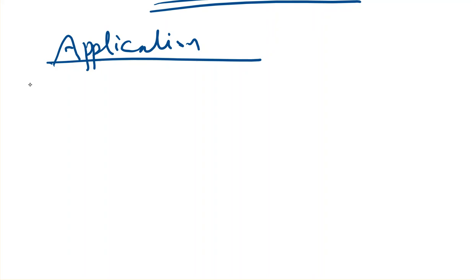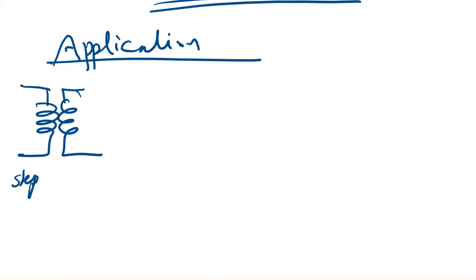So the application of this half wave rectifier could be in many real life applications. As an example, I could have a power supply connected to a transformer, which is called a step down transformer.